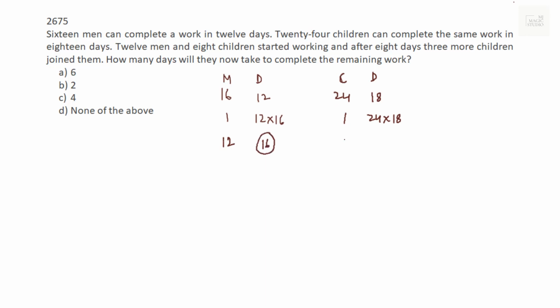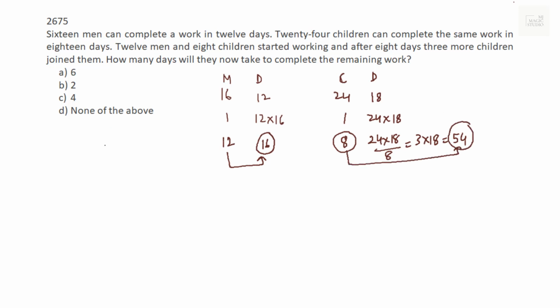And 8 children would be able to do this in 24 into 18 by 8, that is 3 into 18, 54 days.